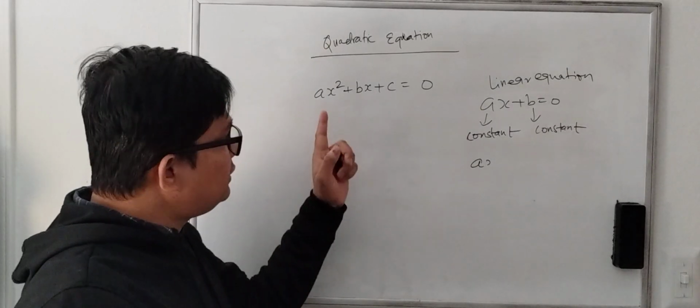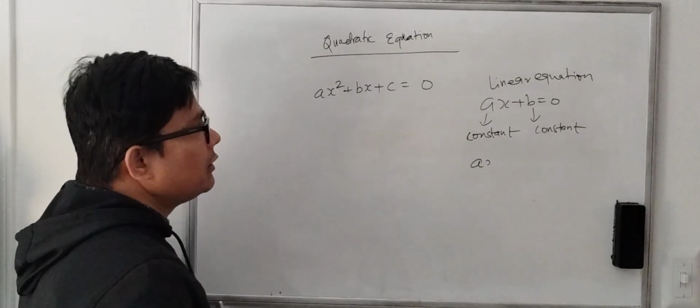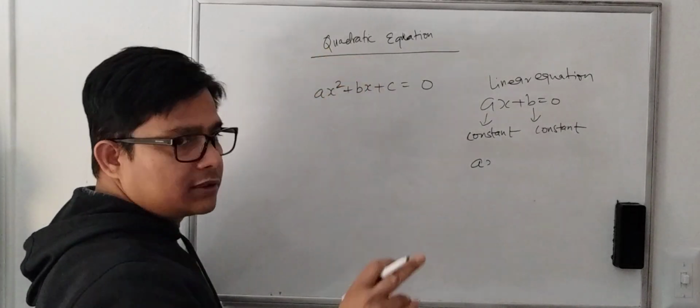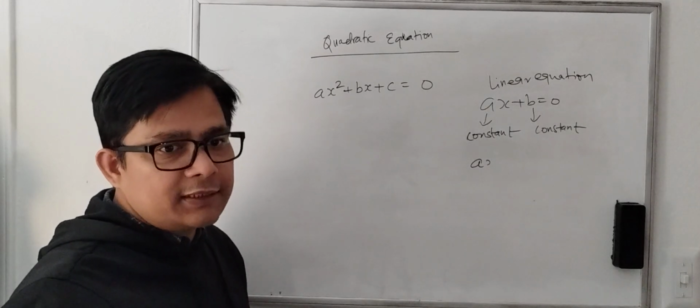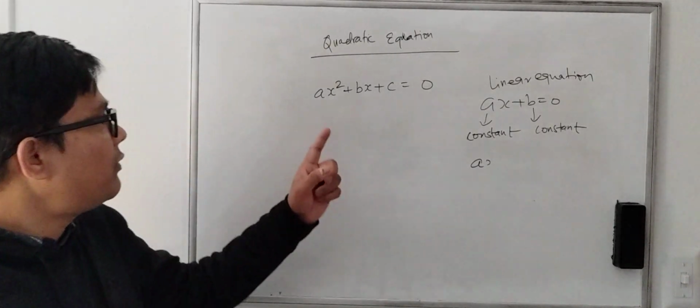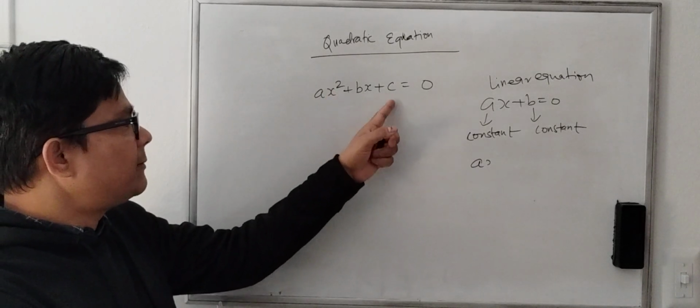This is in just one variable, not multiple variables. So we'll be talking about a quadratic equation in terms of one variable, our very famous variable, x. So the form of quadratic equation is ax squared plus bx plus c.